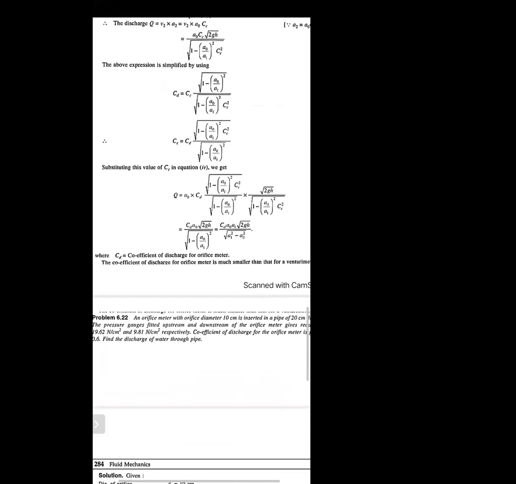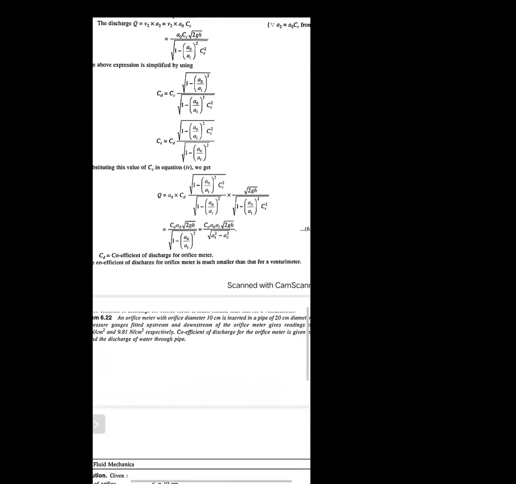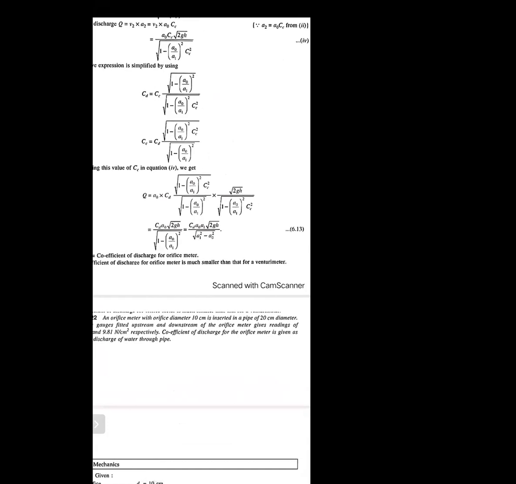Q is equal to CD A0 A1 square root of 2GH upon square root of A1 square minus A0 square. Again, the coefficient of discharge for the orifice meter is much smaller than that of the Venturi meter.